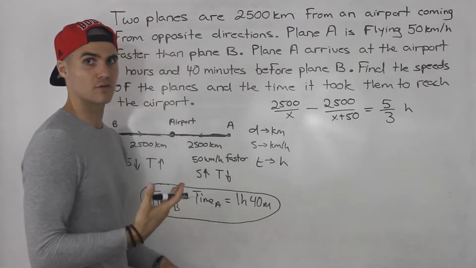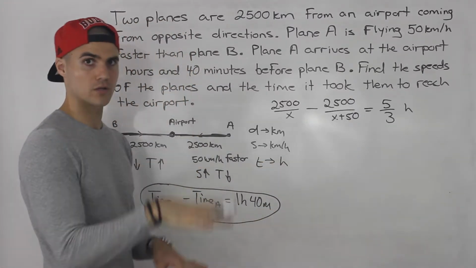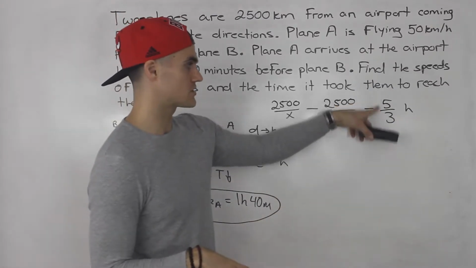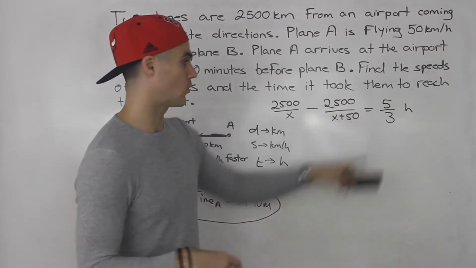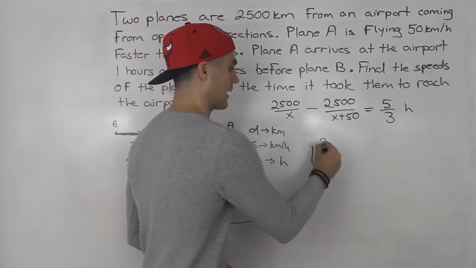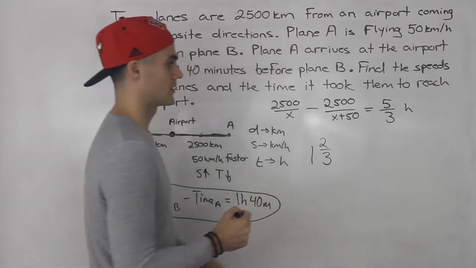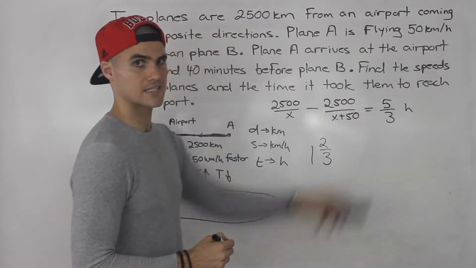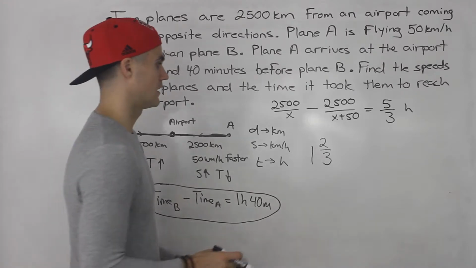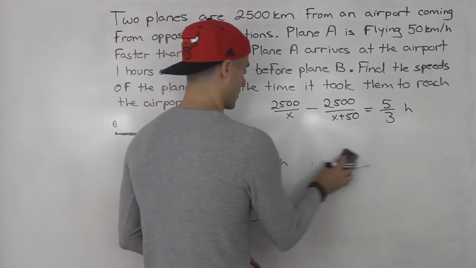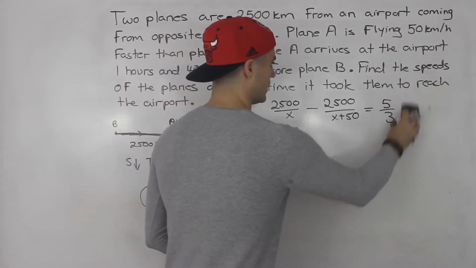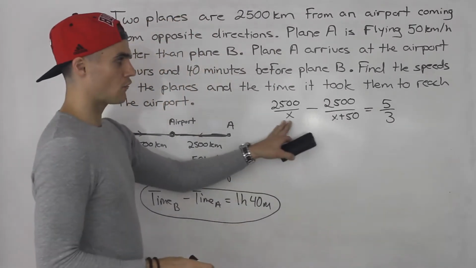There can't be any minutes involved. So we had to take 1 hour and 40 minutes and convert it to hours, which is 5 over 3 hours, or 1 hour and 2/3 of an hour. But better to write it as an improper fraction. And the reason why you want to write it as an improper fraction is because now we can solve for these variables.